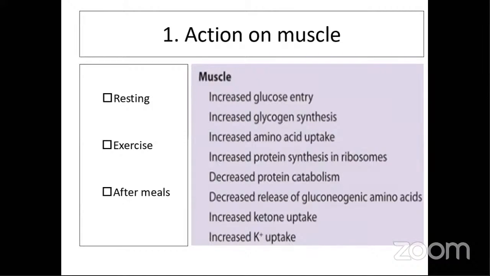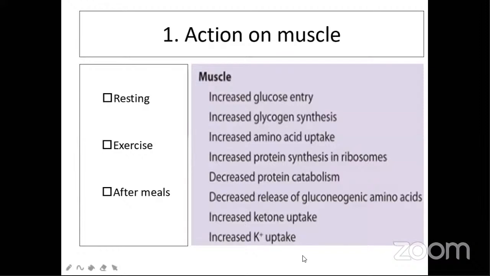That gluconeogenesis, anything which tries to increase the blood glucose, will be prevented. Understood? Its action is to keep the blood glucose level from rising. So it will prevent the gluconeogenic amino acids, and it increases the uptake of ketone bodies. And this last point is a very, very important fact.